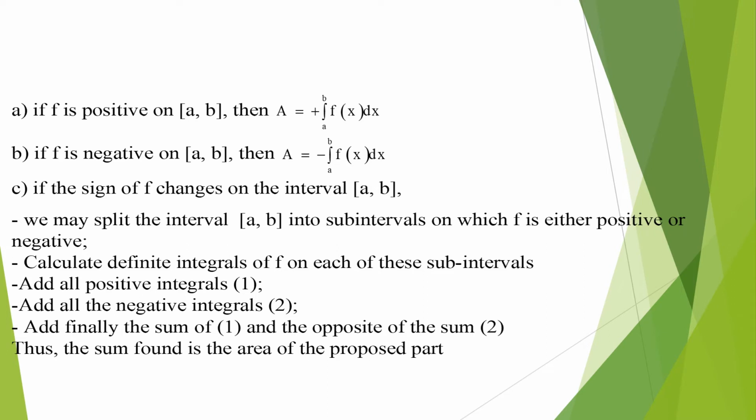That's why finally, when you are looking for the total area included between curves from a to b, you sum all the positive integrals and the opposite of all negative integrals. So remember, when you put a negative there for all those negative integrals, you'll end up with positive. Then the sum will be the area of the given region.